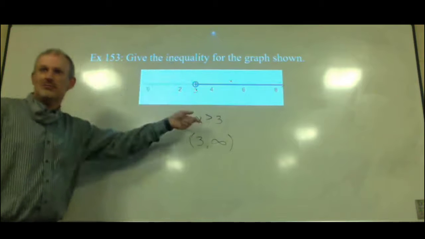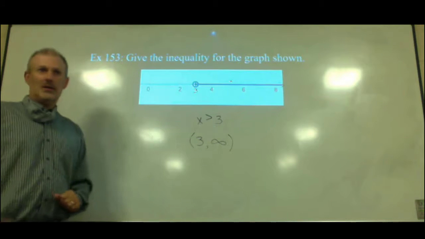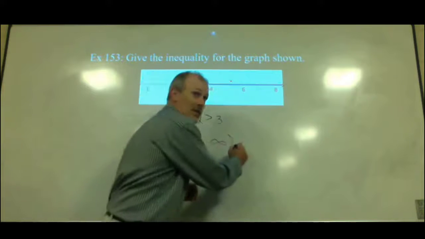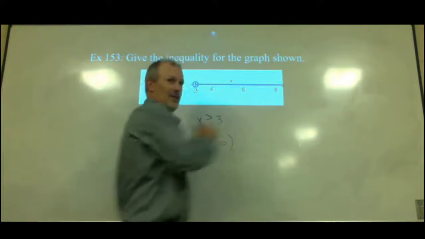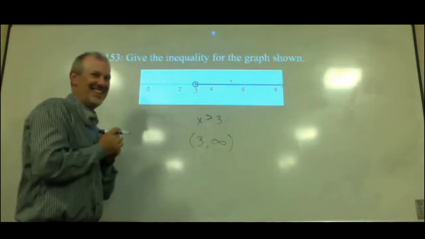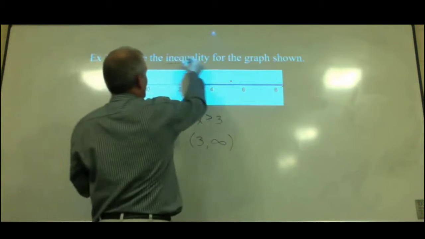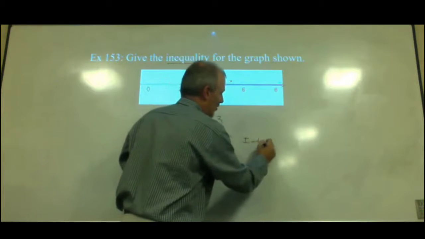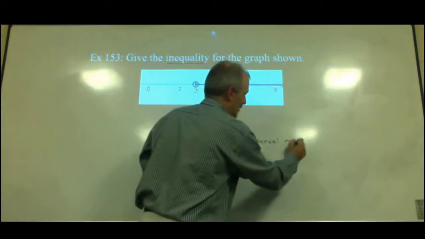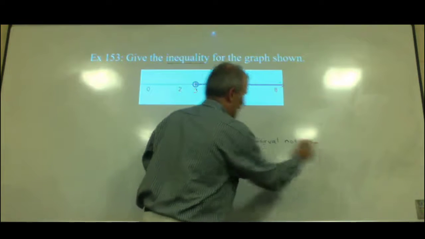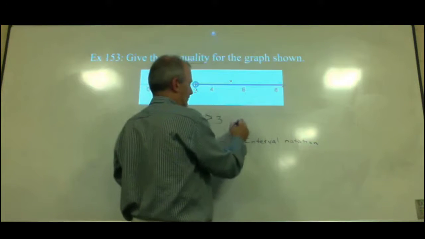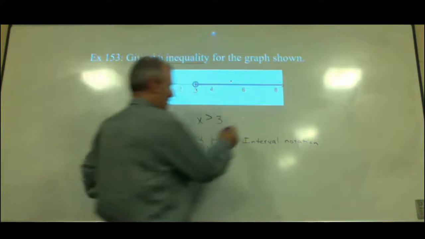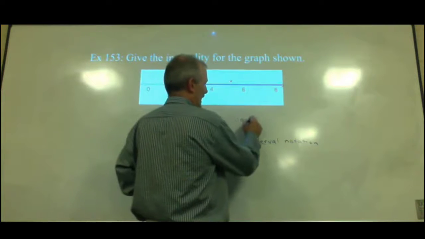Open circle. What is that called again? Is that, what, this one? What am I looking at? We're writing the inequality. The top is the inequality, and the bottom is what we call interval notation. There's actually a technical name for the top, but this isn't quite that technical, so we'll just call it an inequality.